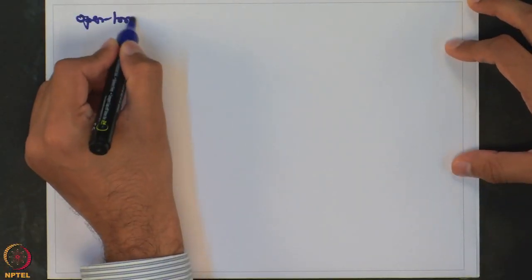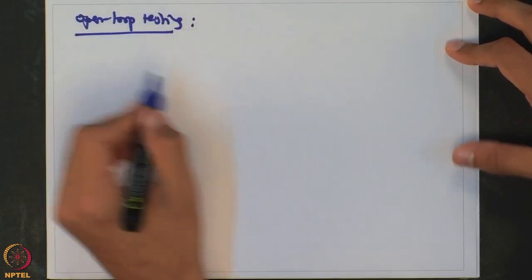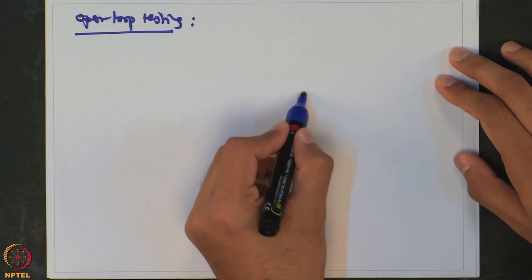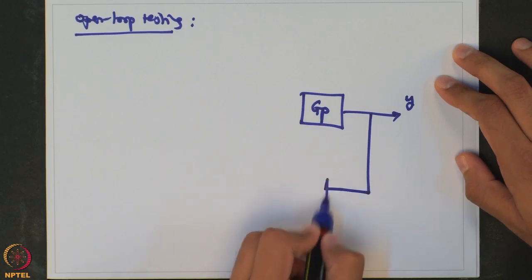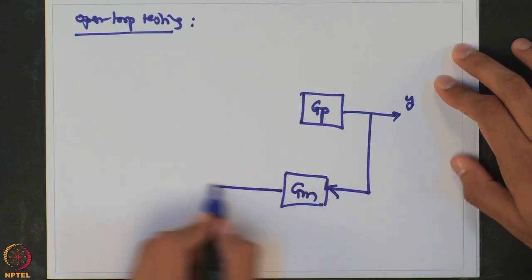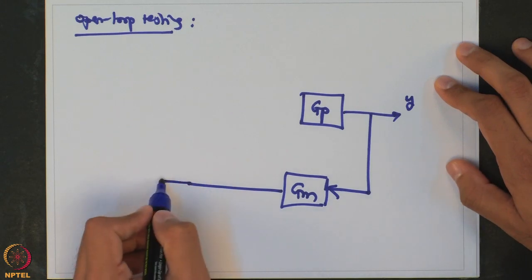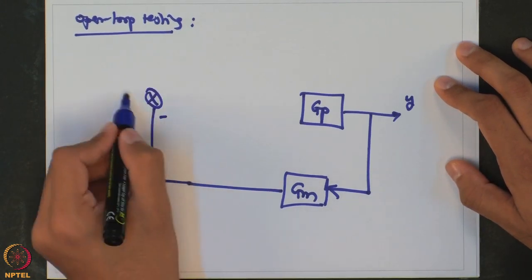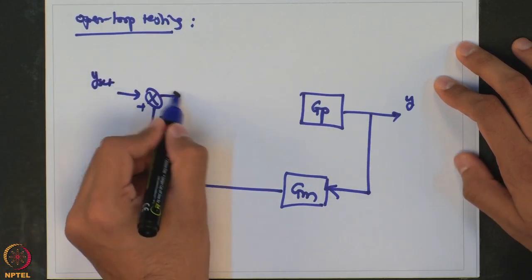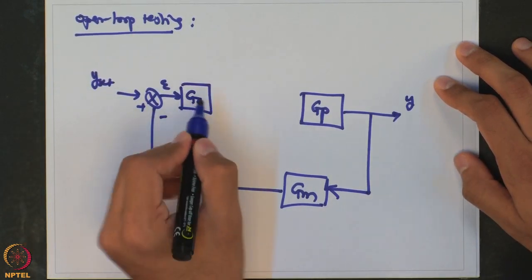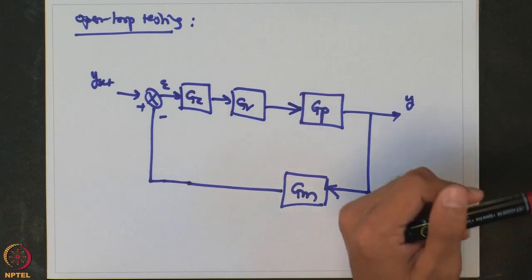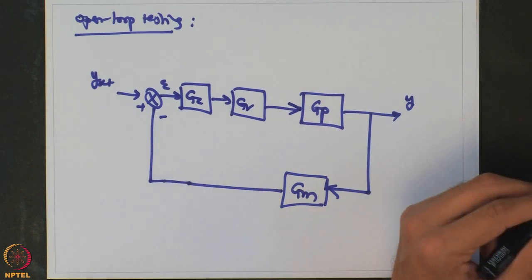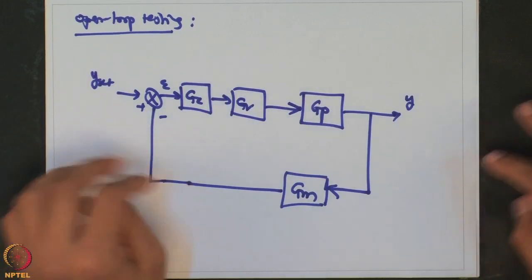So when we talk about open loop testing, let us say this is the process, this is the output, you measure the output, then it gets compared with the set point value, the error is generated, error goes to the controller, then it goes to the control valve, and that manipulated input goes back to the process. So here when you want to do open loop testing, you have to switch off the controller.